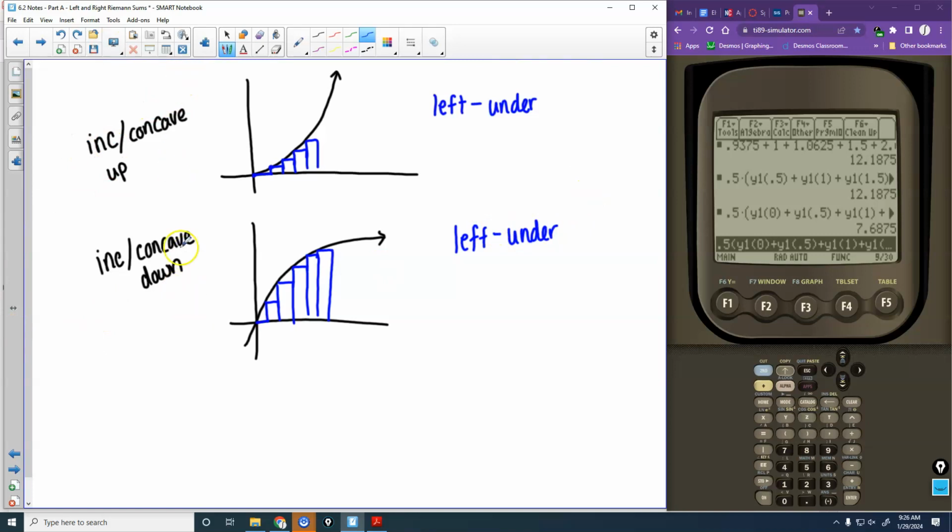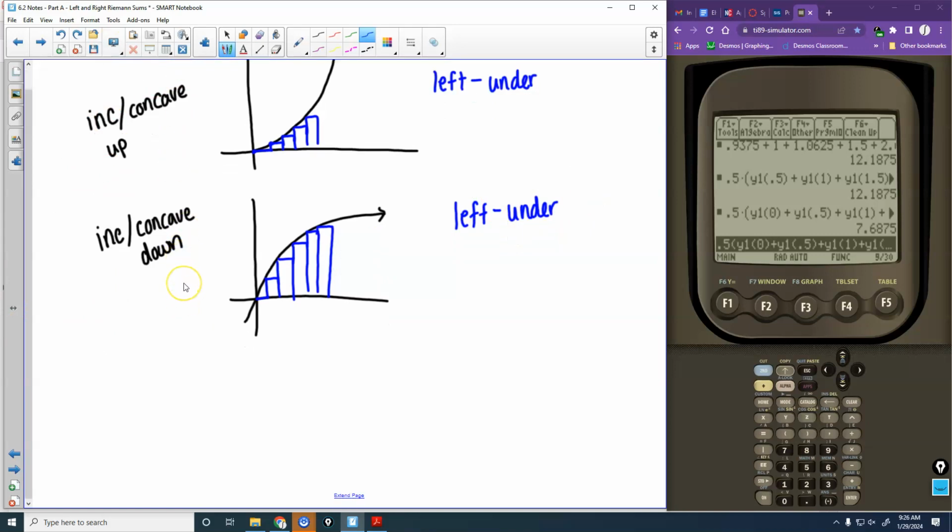Let's consider our decreasing graphs. It's looking like maybe concavity doesn't matter for this. Decreasing concave up. So if we have a graph that is decreasing but concave up, that would look like this.